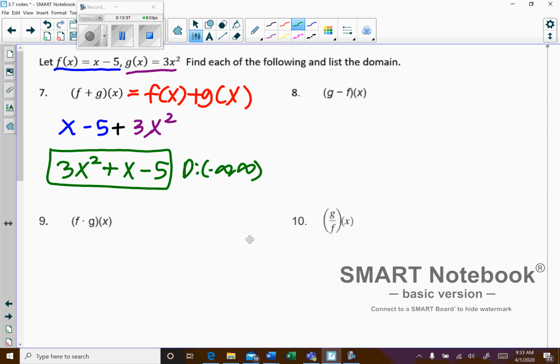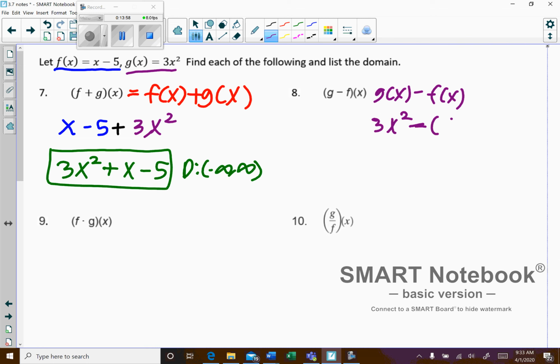Okay, so let's go ahead and look at 8. 8 should actually be pretty similar. The only difference is we're subtracting. So g of x, and this time I have g of x written first, which is fine. g of x is 3x squared, and then I'm subtracting.